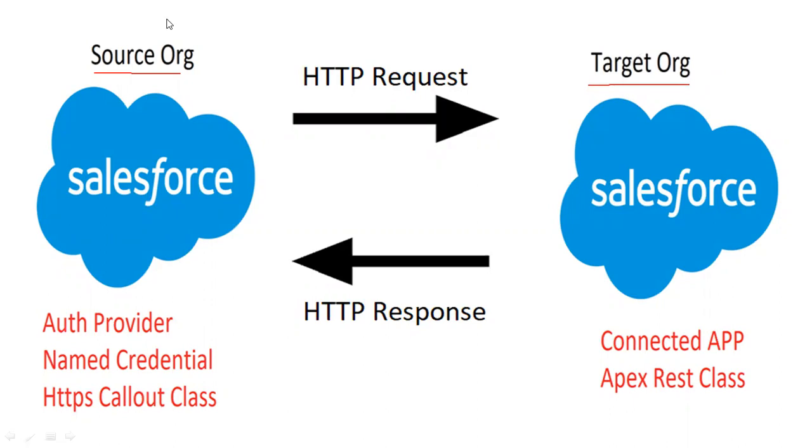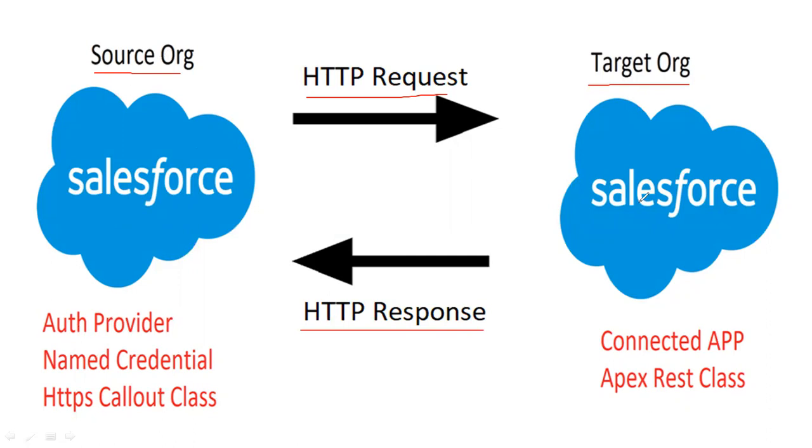And from the source org, we'll make an HTTP request to the target one. The target org will validate that request, and whatever HTTP request is made by the source, it will revert back with the HTTP response to the source one. So the source will make a request to the target, and the target will respond back to the source.